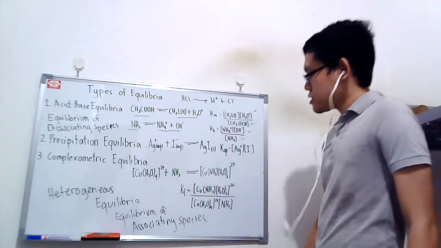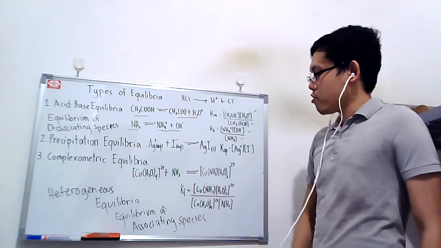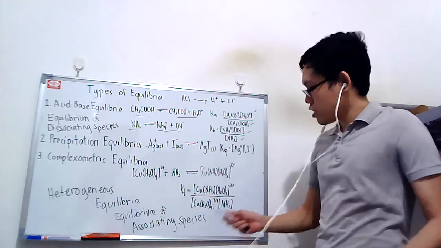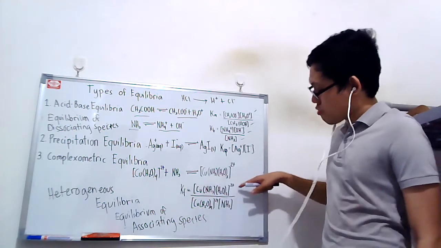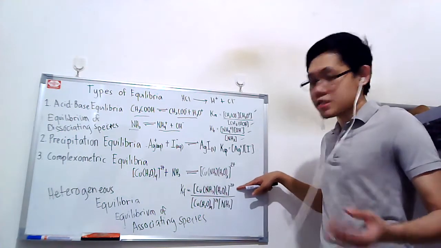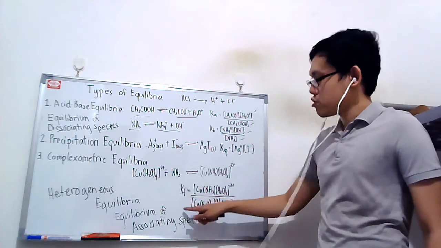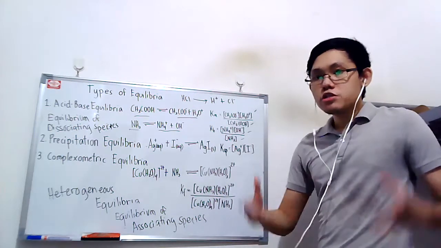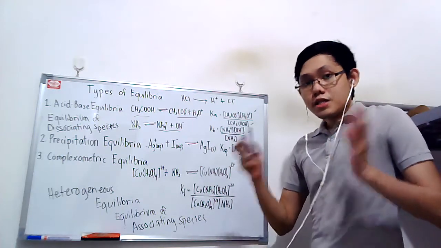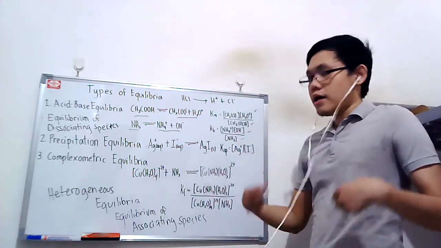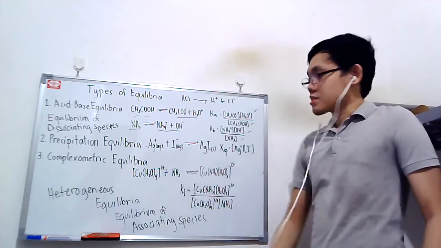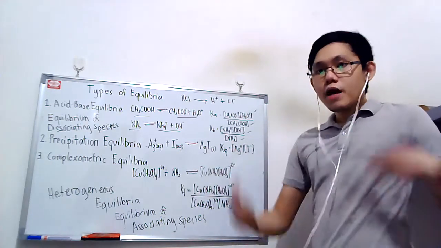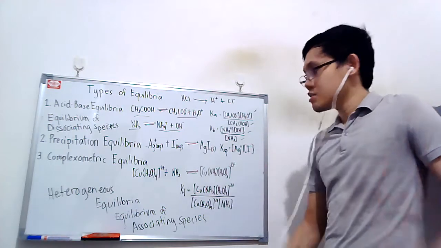So, in this case, ang Kf mo, formation constant, is equal to the concentration of your formed complex over the concentration of your ions that reacted to form your complex. So, ano ba ang significance nito?